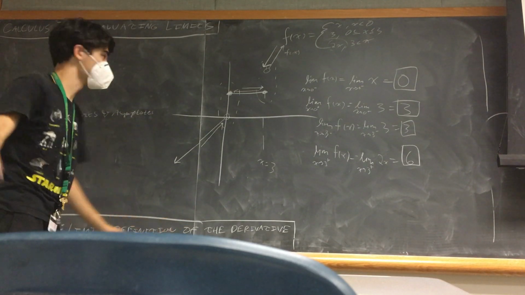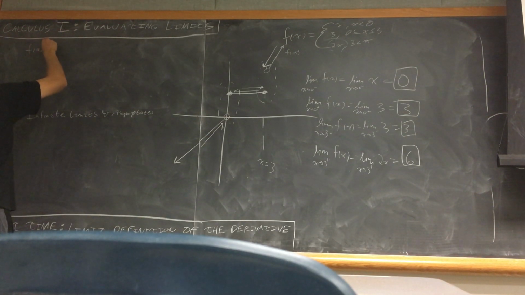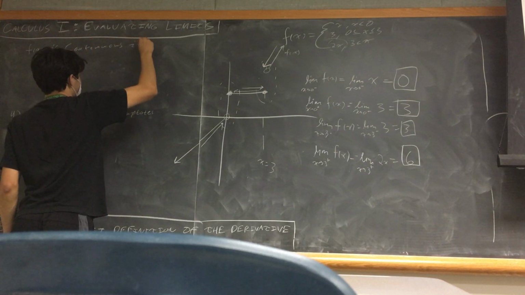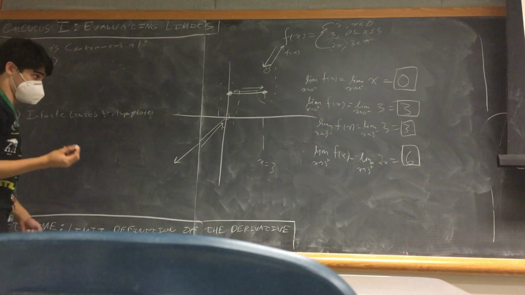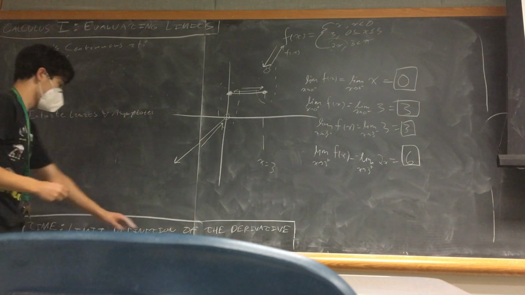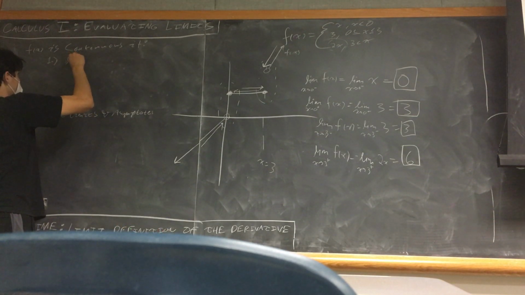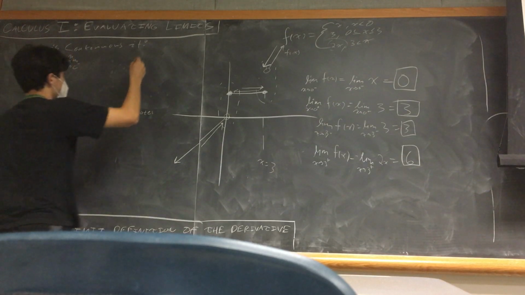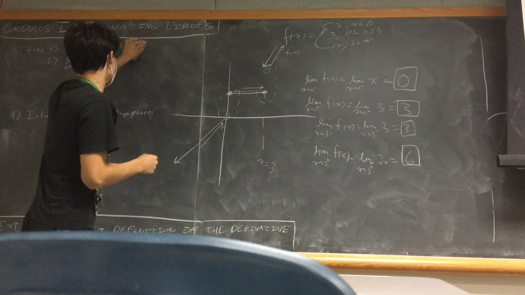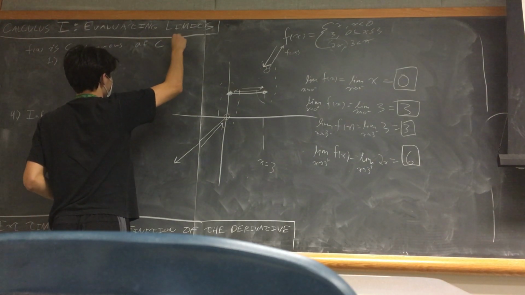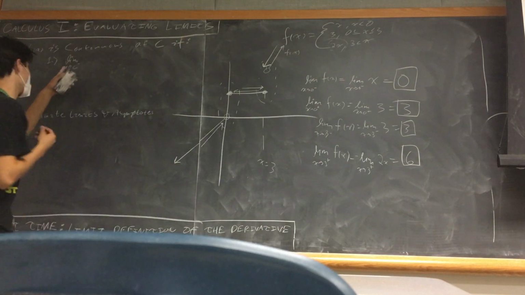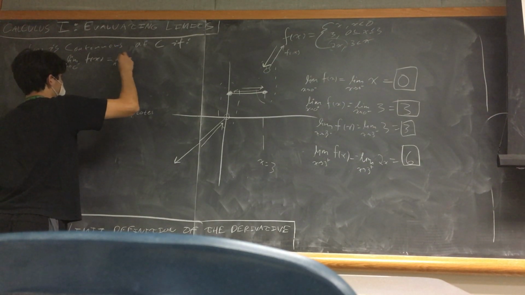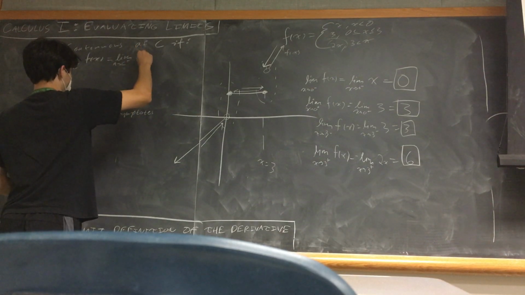We define a graph as continuous. f of x is continuous at c if, 1, the limit as x approaches c from the left of f of x is equal to the limit as x approaches c from the right of f of x.